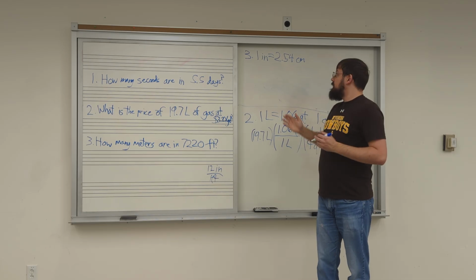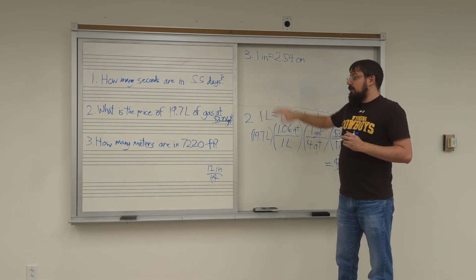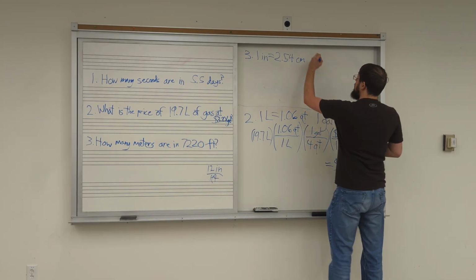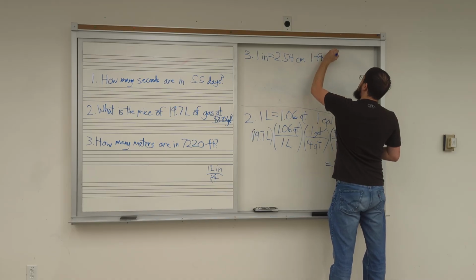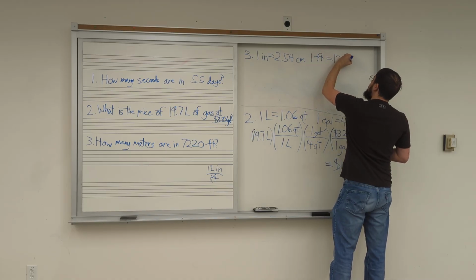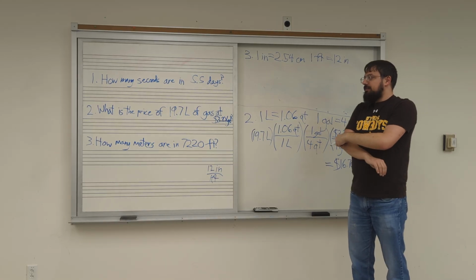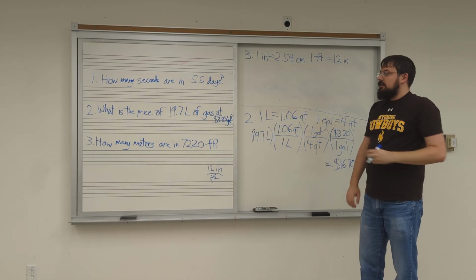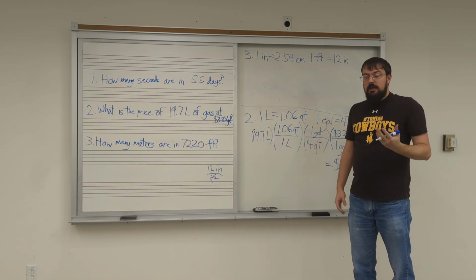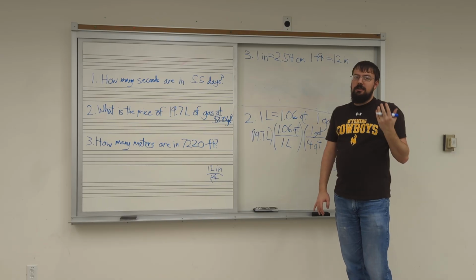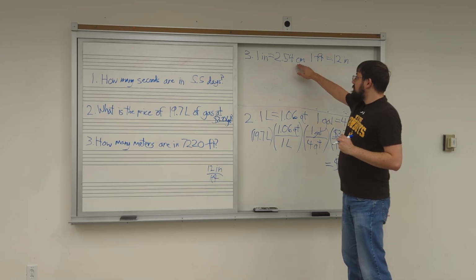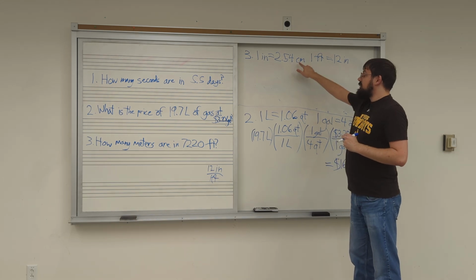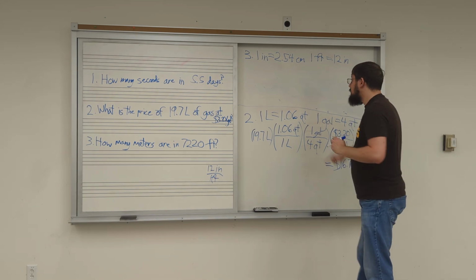Well, in addition to this conversion factor, we also know that there are 12 inches in 1 foot, so 1 foot equals 12 inches. And one nice thing about metric units is that we have these really helpful prefixes. So just from the name, centimeters, centi is the prefix for 1/100th.